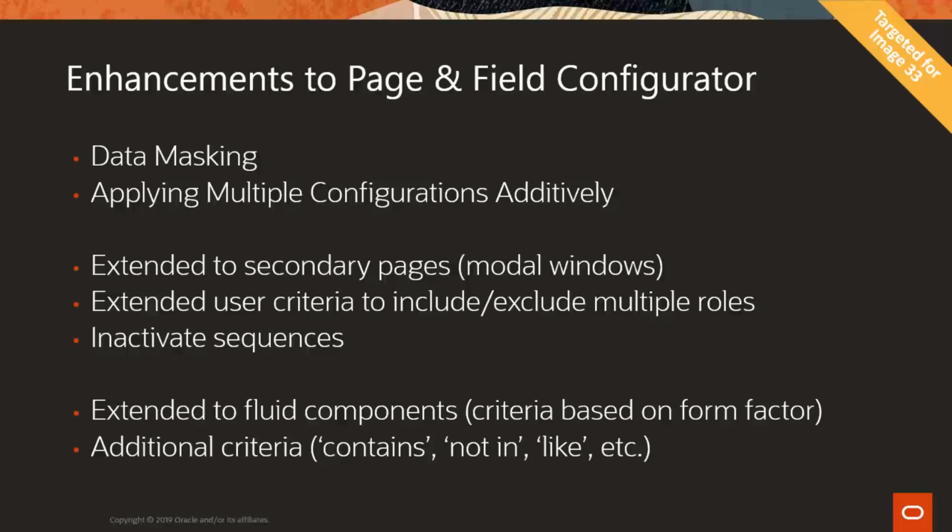That's one use case that we've seen. So with the rollout to fluid components, you can also use the form factor size as criteria for that. And then the criteria has also been extended, so now it includes more wildcarding for things like contains and like and that type of thing.